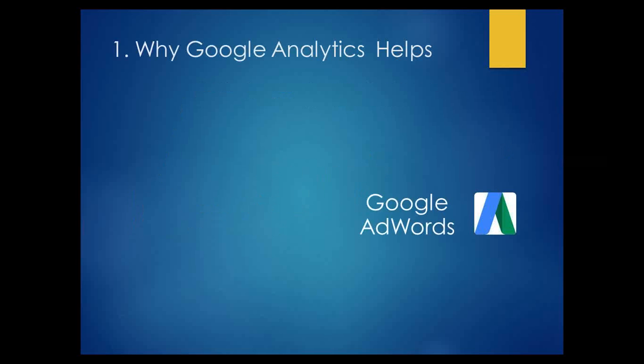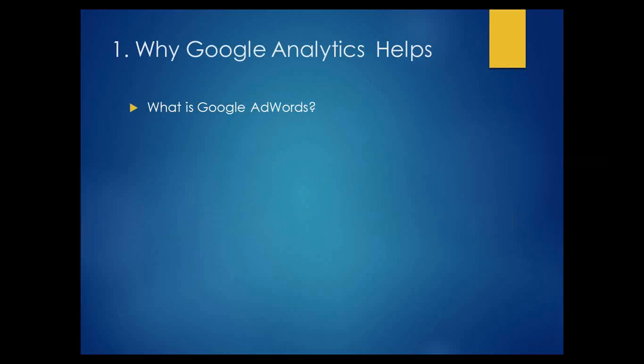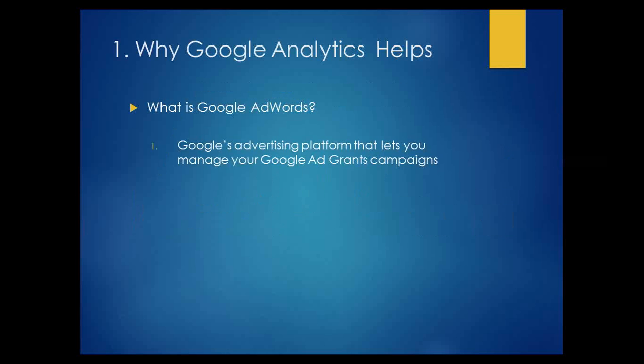Let's talk a little bit about Google AdWords. So like I said, in the first 2 webinars, it was all about Google Grants and Google AdWords. So what is Google AdWords? Let me just reinforce this concept. Google AdWords is Google's advertising platform. And this interface lets you manage your Google Ad Grants campaigns, right?